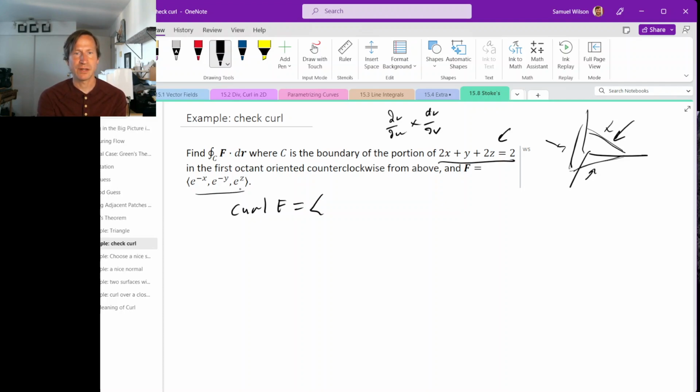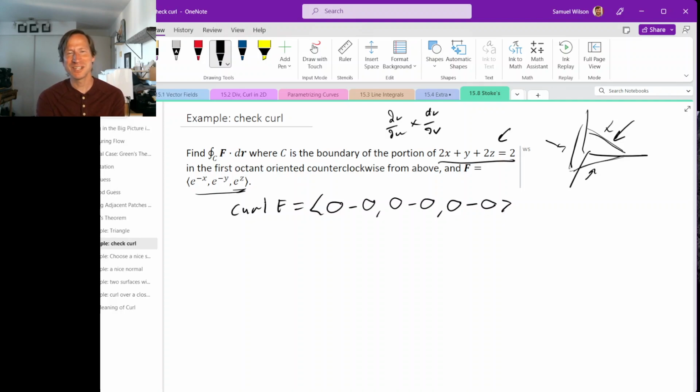Partial p partial y is 0, minus partial n partial z, that's 0. For the y coordinate of the curl, we get partial m partial z, that's 0, minus partial p partial x, that's 0. Things are looking pretty good. And then partial n partial x, that's 0, minus partial m partial y, that's 0.